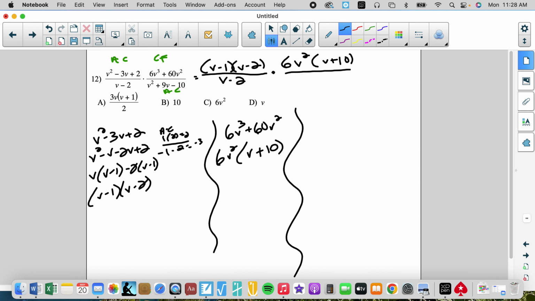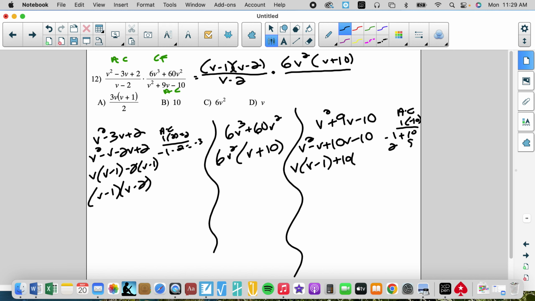And now we're going to factor v squared plus 9v minus 10. A times c, 1 times negative 10. That's 1 and 10, 2 and 5. Signs are different, bigger's positive. So that's v squared minus v plus 10v minus 10. Factor out v, v minus 1.